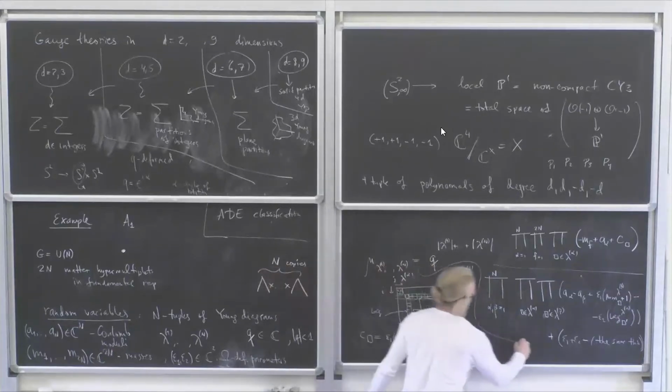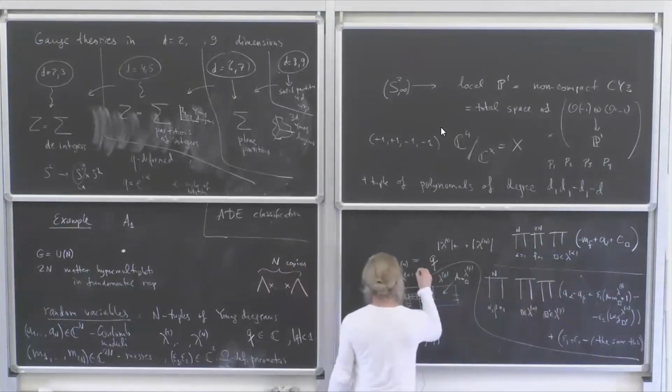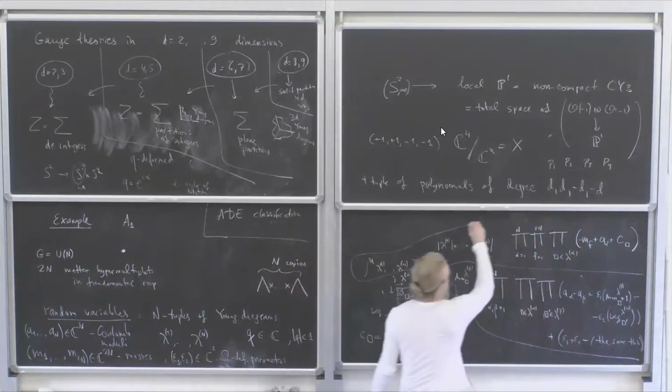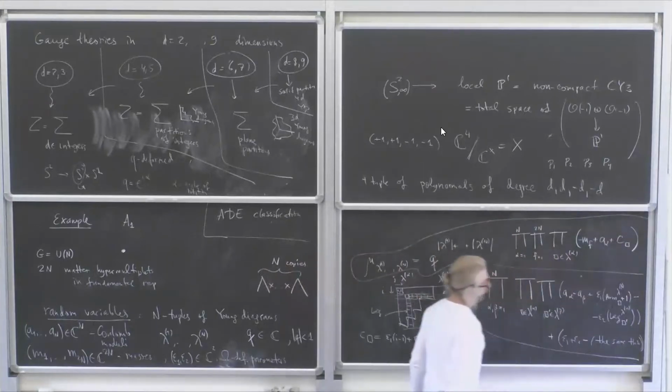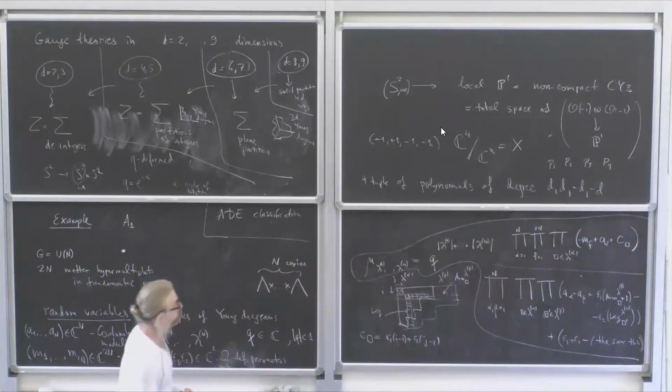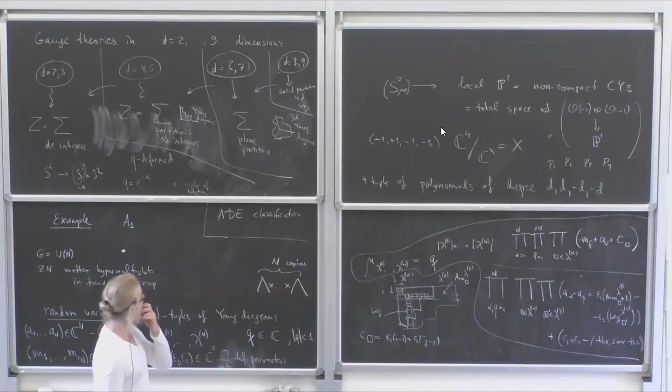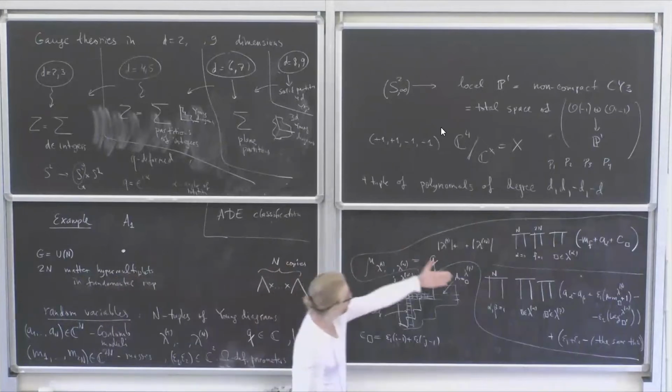Okay. And so the main result is that a certain four-dimensional gauge theory partition function reduces to the summation over all lambdas of this expression.